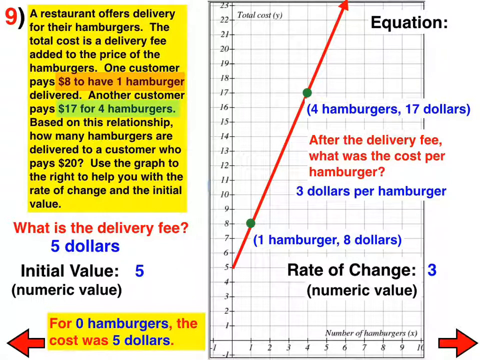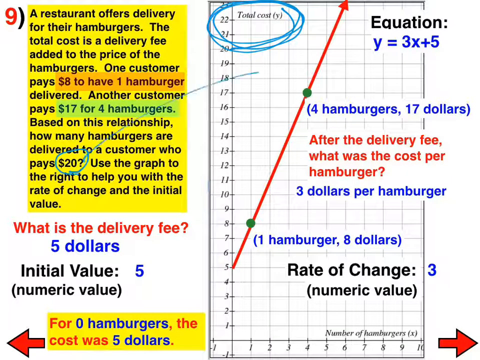And then you could take the equation and actually figure that out. So a customer pays $20. Well, I can see that the y values represent the cost. So if you took this 20 and substituted it right there, you could then solve your equation for x, and that would tell you how many hamburgers they got.